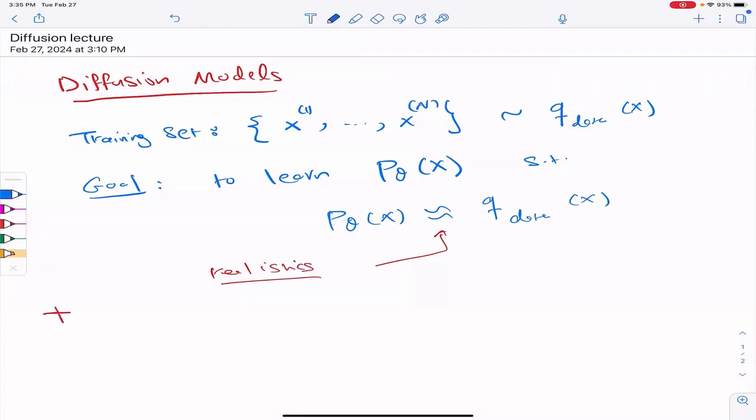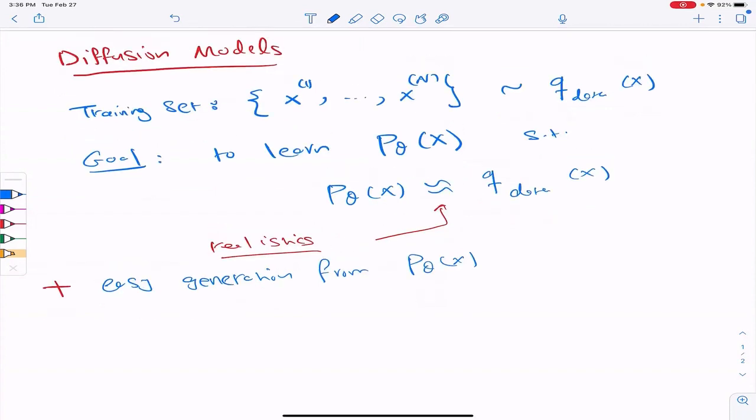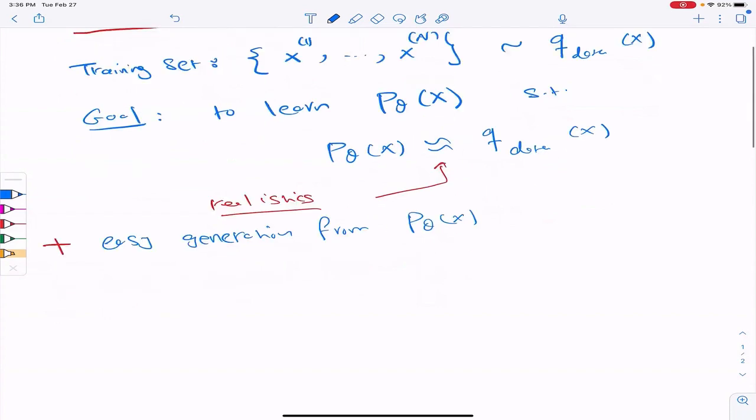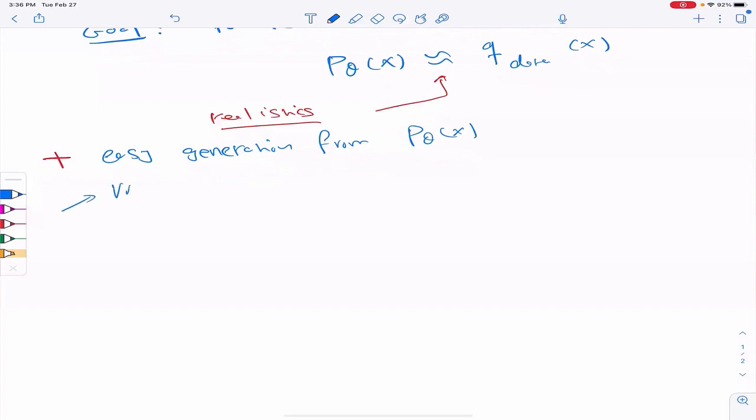Plus, we want to be able to easily generate samples from P theta of X. Easy generation. This is the same problem formulation we started with when we were talking about variational autoencoders, generative adversarial networks, normalizing flows.